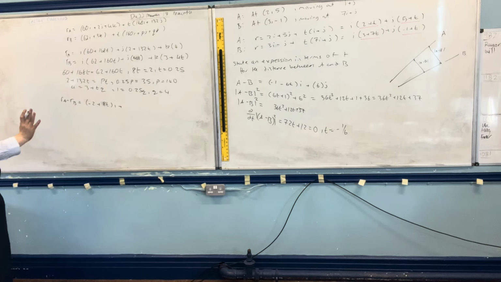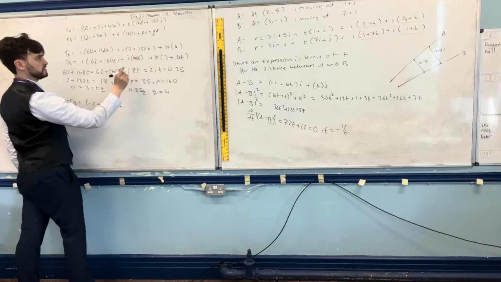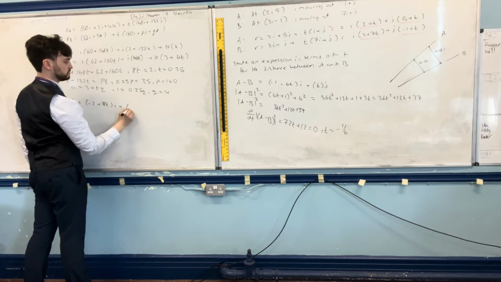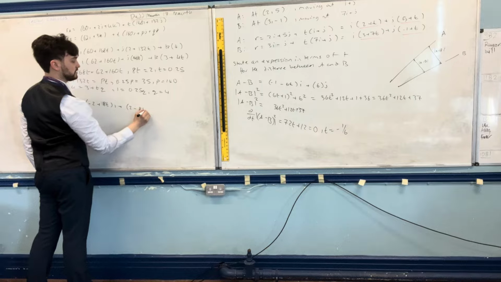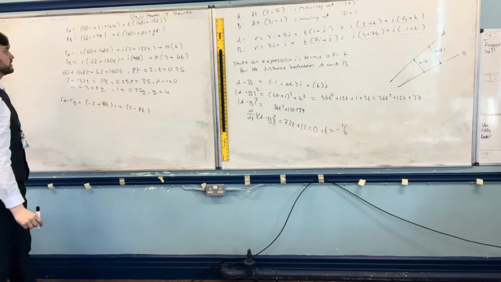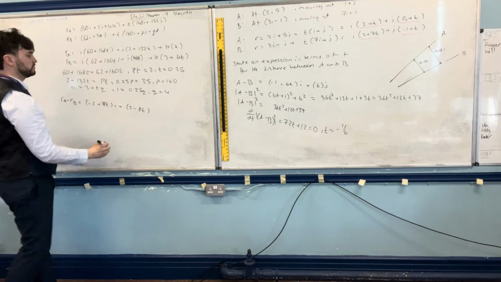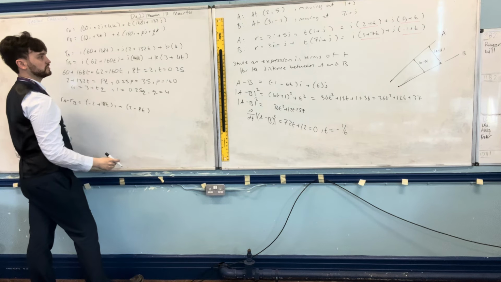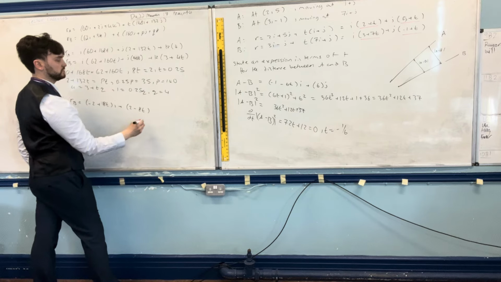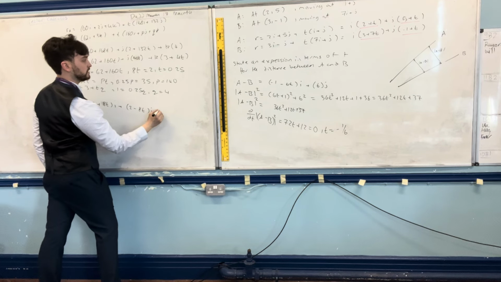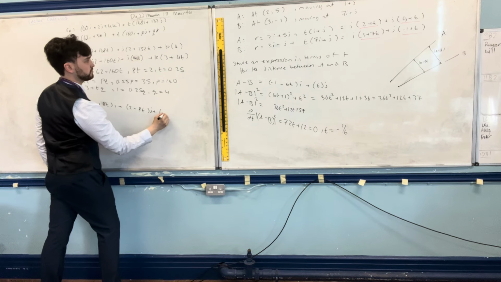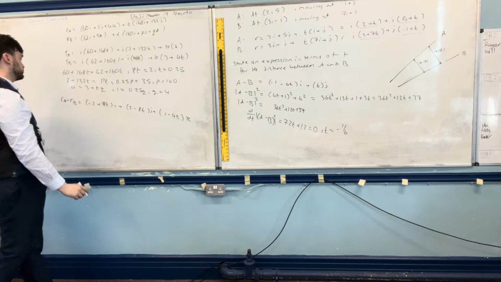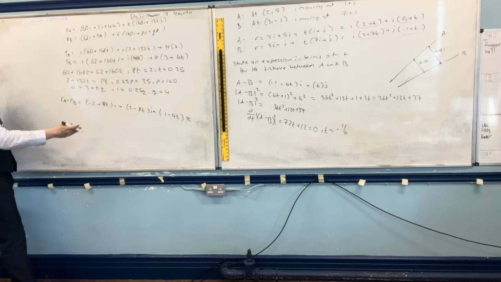Okay, so to go back to what I was doing, it's this, take away 140t, so it's 2 take away 8t, and then for j, 4 take away 3 minus 40, so 1 minus 40k. Okay, so this is our expression, this is our vector for the distance between them.